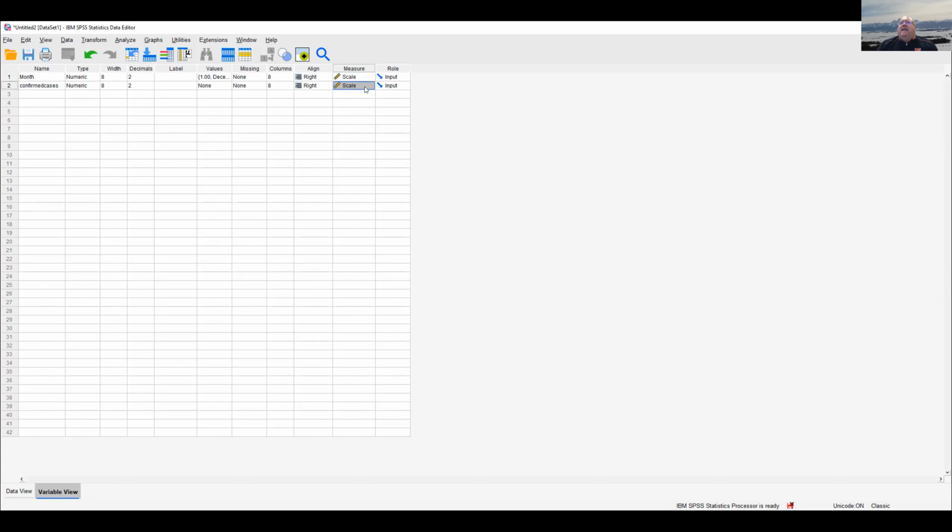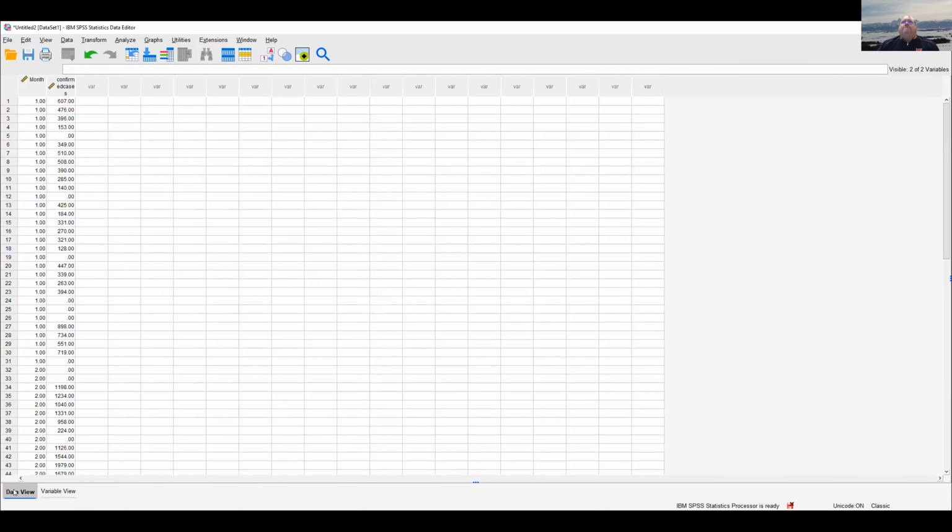And sometimes this is not... okay, scale. Sometimes we have an issue with this, but for this, it does not make a difference when we run the stats whether it is scale or one or the other. So we're going to go back to data.